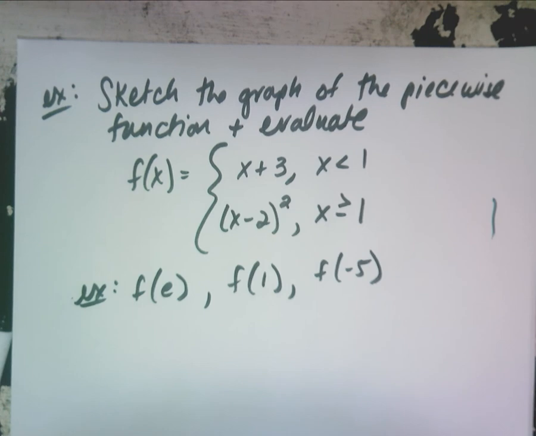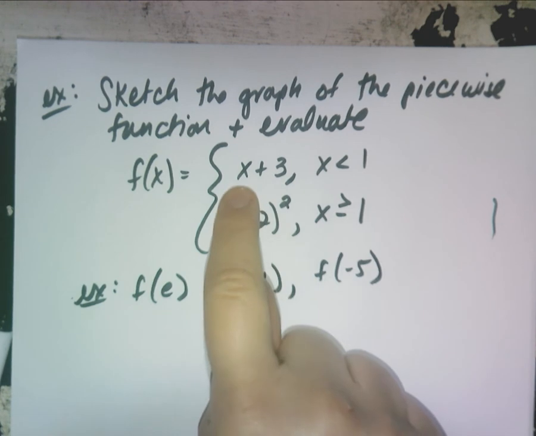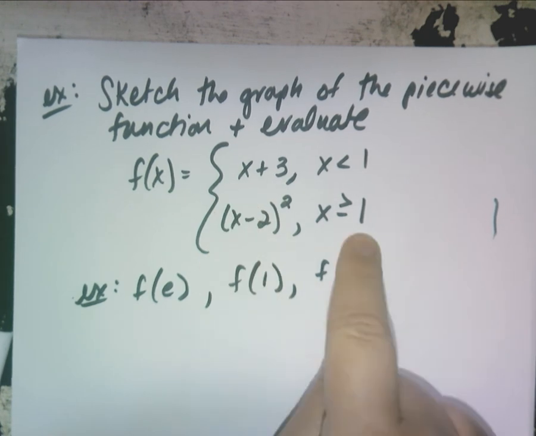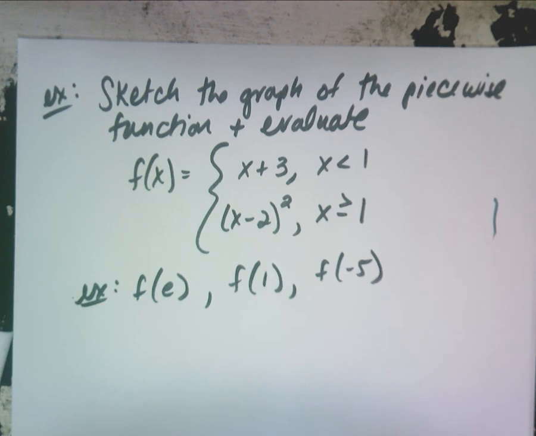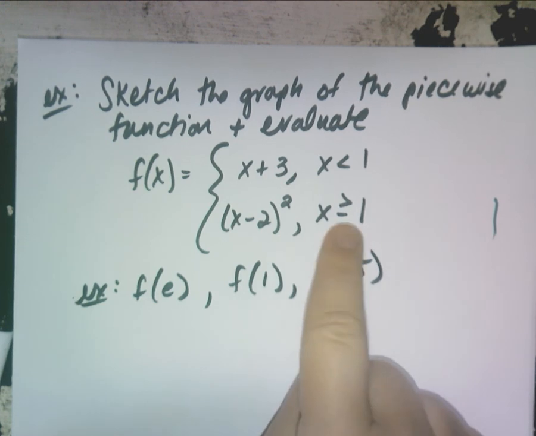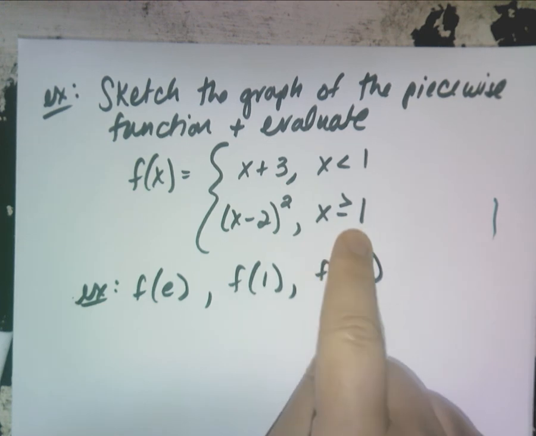So where does e go? I really shouldn't have started with that one, but might as well. Do you remember what e is equivalent to, by any chance? Like 2.7. So would e be inserted into the top function or the bottom function? Into the bottom, right, because e is greater than 1.